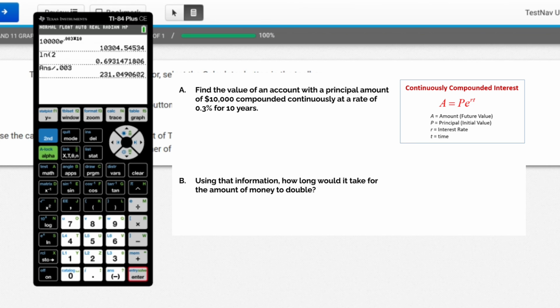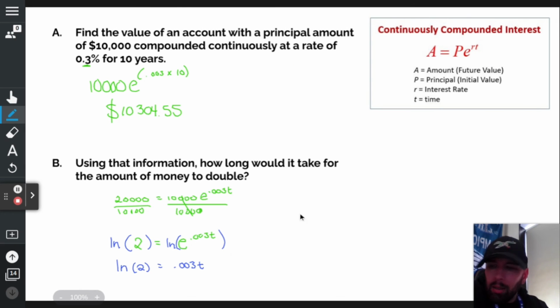Again, banks are a ripoff. Just buy Pogs or Beanie Babies. Remember that trend? People thought if you bought a bunch of Beanie Babies, it would be worth something later in life. Didn't work. It's going to take you 231 years and a few cents in order for you to double your investment.